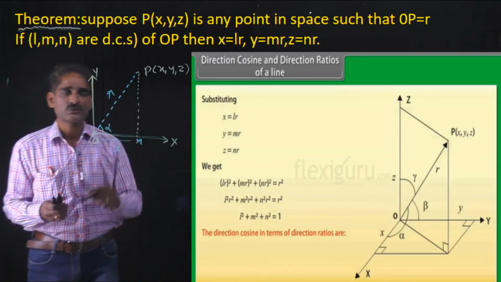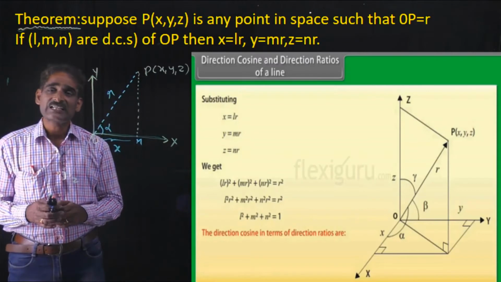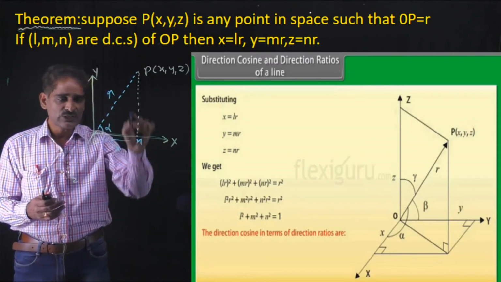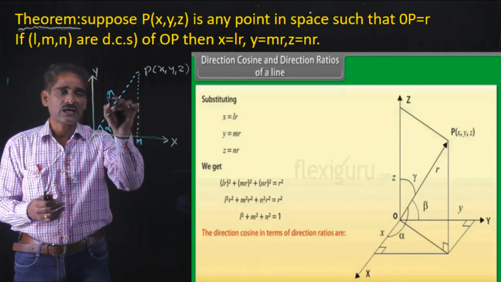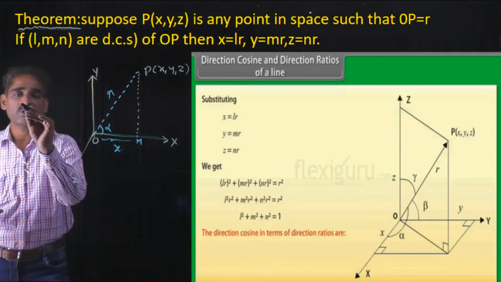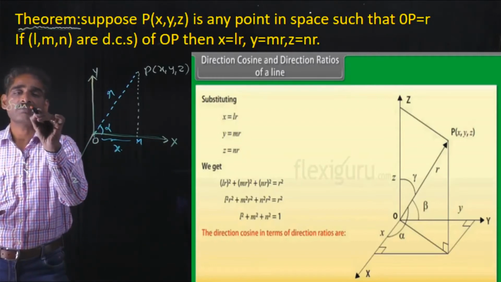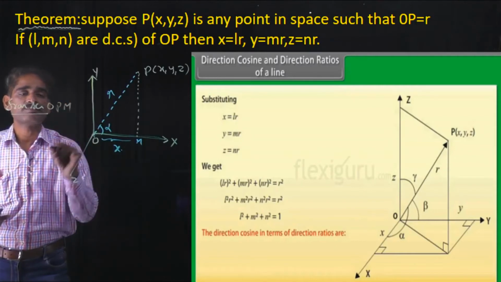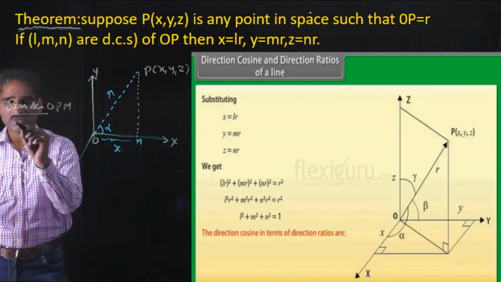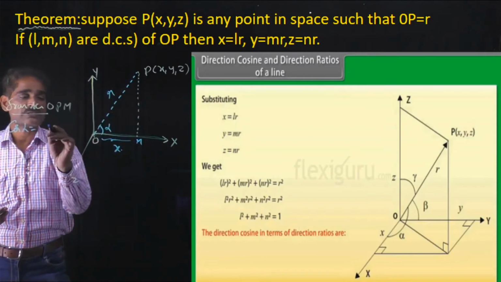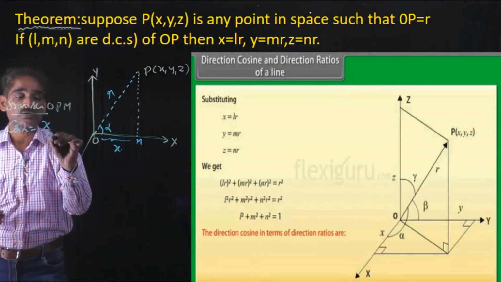So from this, what about the DCs? Cos alpha is nothing but l, all of you know. Write down the relation between x and r. From this right angle triangle OPM, cos alpha is equal to adjacent side by hypotenuse, that means x by r.